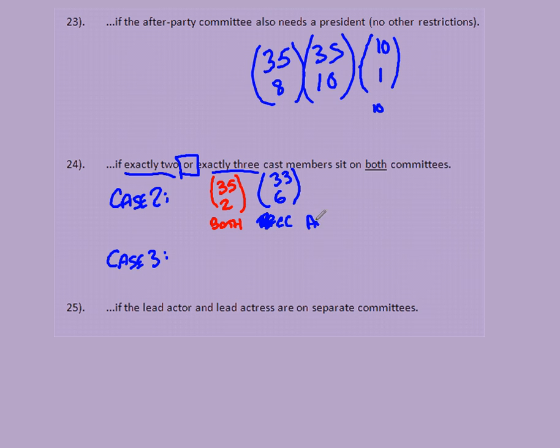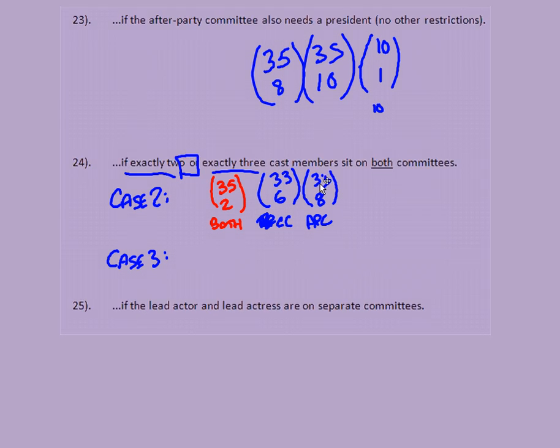And then for the after party, there are restrictions, because if I pick 33 choose 8 for the after-party committee, I have the chance of people still sitting on both committees. I only wanted there to be 2 of them. So 33 is not what we want. We need to have how many are left, which is 27 choose 8.